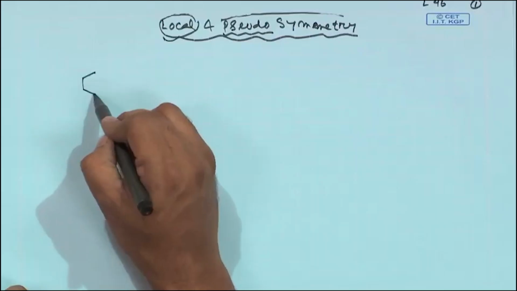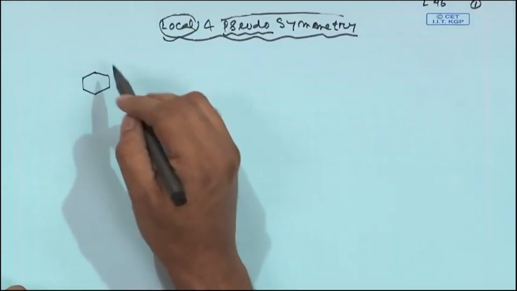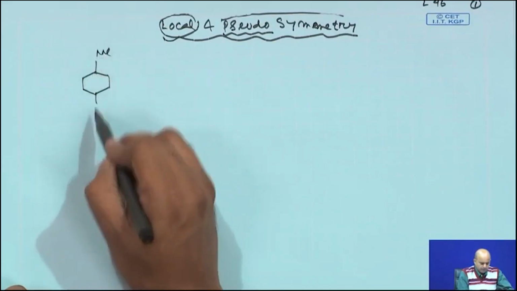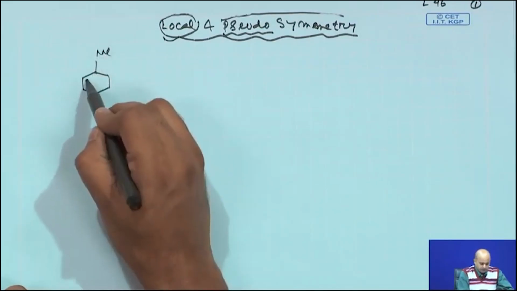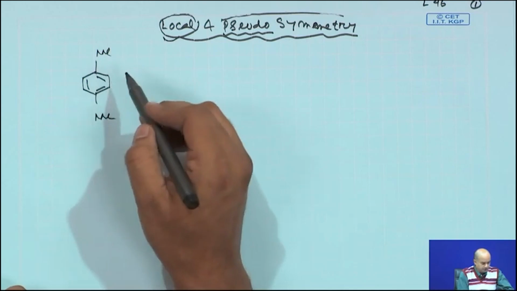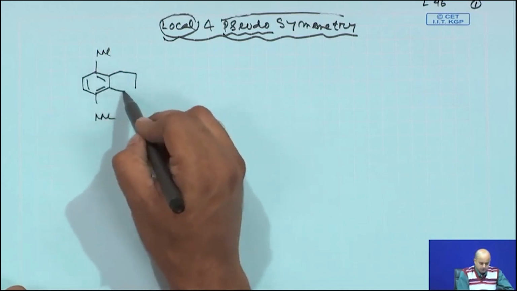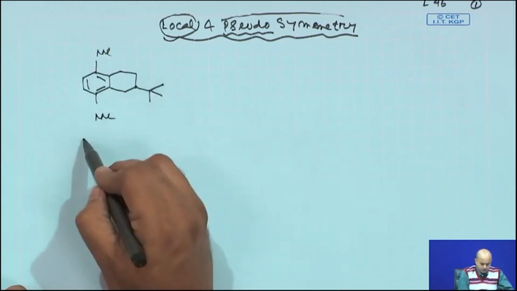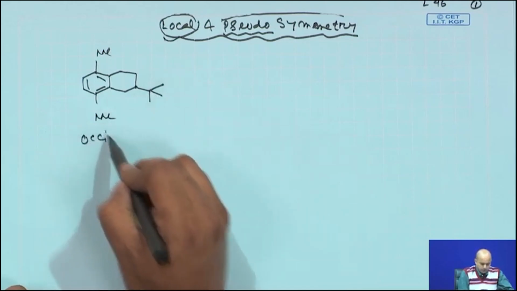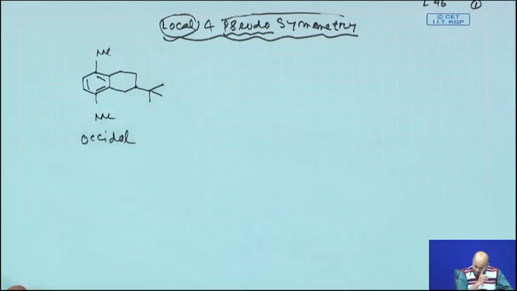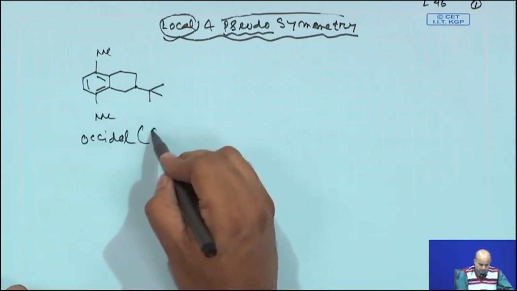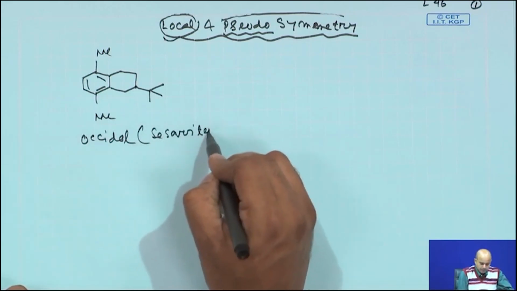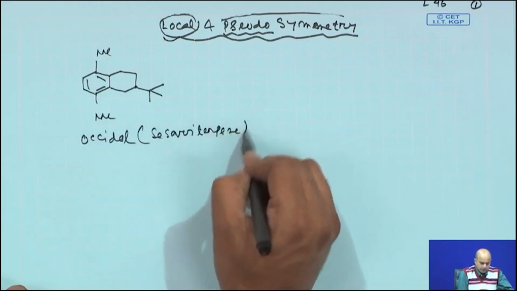Now, the next problem we will analyze with a similar concept is again a natural product, whose name is oxidol. This molecule is a terpene, basically a sesquiterpene, which has a C15 framework.